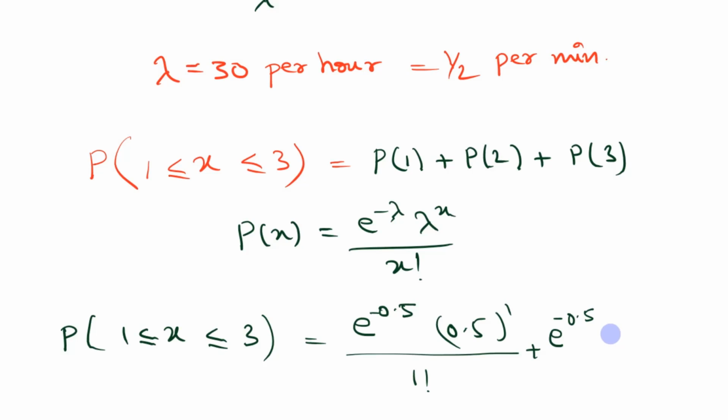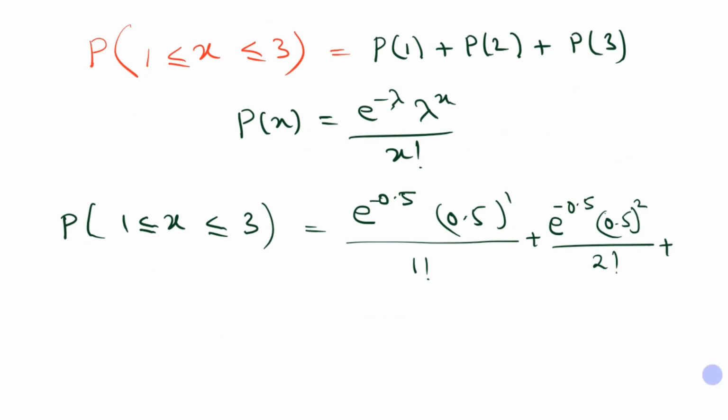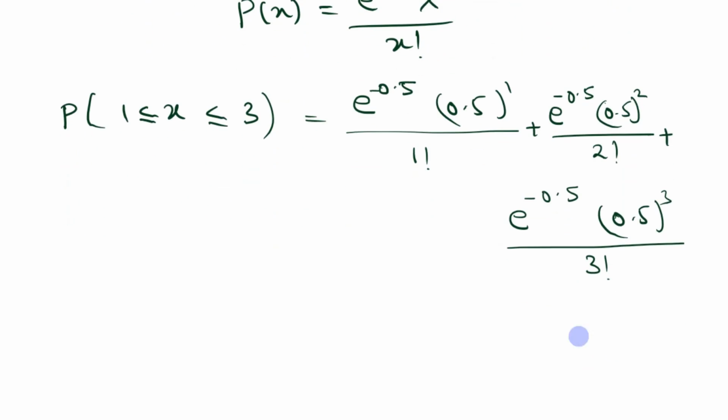So x here is 2, so 0.5 to the power of 2 by 2 factorial, plus e to the power of minus 0.5 into 0.5 to the power of 3 by 3 factorial. 3 factorial is 6, and after calculation you will get this value as 0.392.